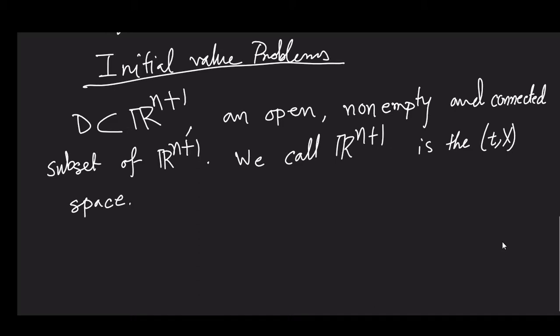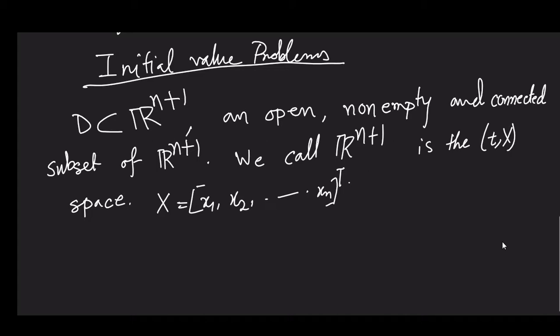We call this Rn plus 1 the t comma x space, and elements of Rn are like x is equal to... Now here I am following a book by the author Panos J. Antsaklis, an IEEE Life Fellow.